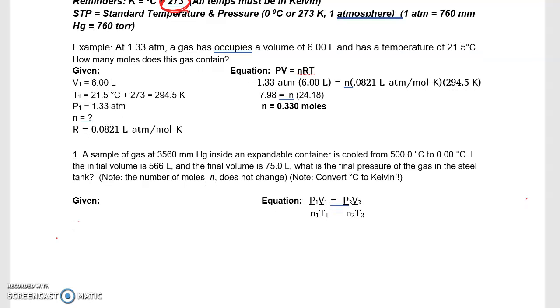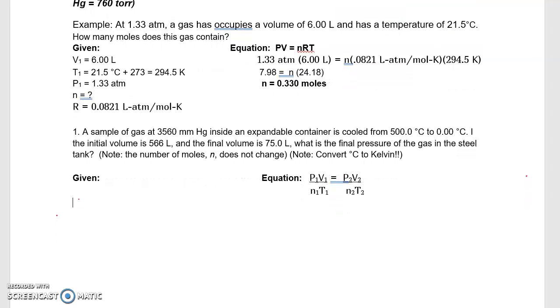Okay, so let's look at this first one. It's at 1.33 atmospheres. A gas occupies a volume of 6 liters and has a temperature of 21.5 degrees Celsius. How many moles does this gas contain? I want to start by highlighting what is given. So we'll start with this: 1.33 atmospheres. That is a pressure.